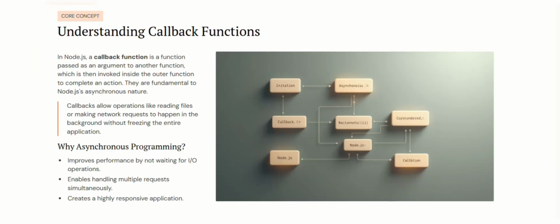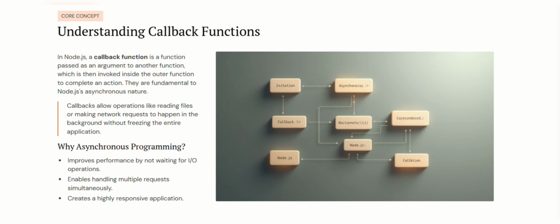Coming to the callback function. A callback function is a function passed as an argument to another function and it is executed later. Node.js uses callbacks because it works asynchronously. We know that Node.js is used to work in a non-blocking way, so it uses callbacks.